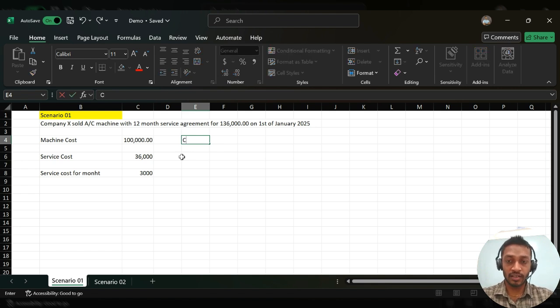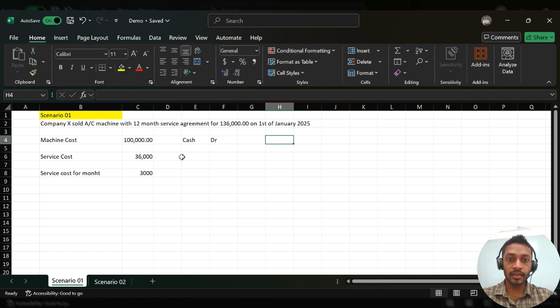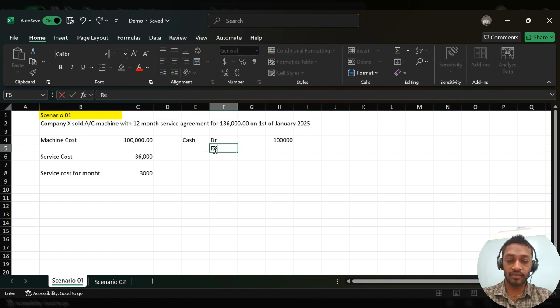If we are receiving cash, we can identify this as a debit of 100,000. And once we sell the item, we generate revenue, so we can identify revenue as a credit for this transaction.